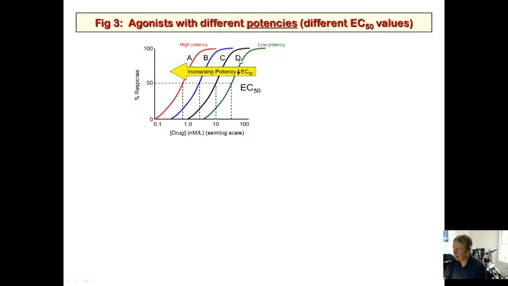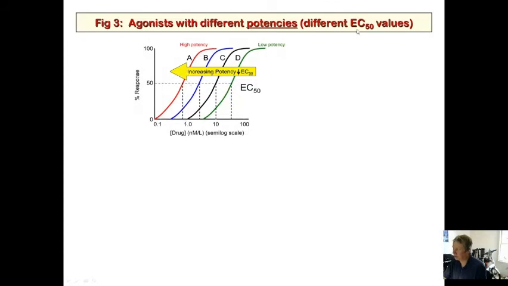Okay, and so clearly some of these are different than others, and what's your analysis of this? Well, compound A appears to have the most potency, and by having the most potency, it has the lowest EC50 value.